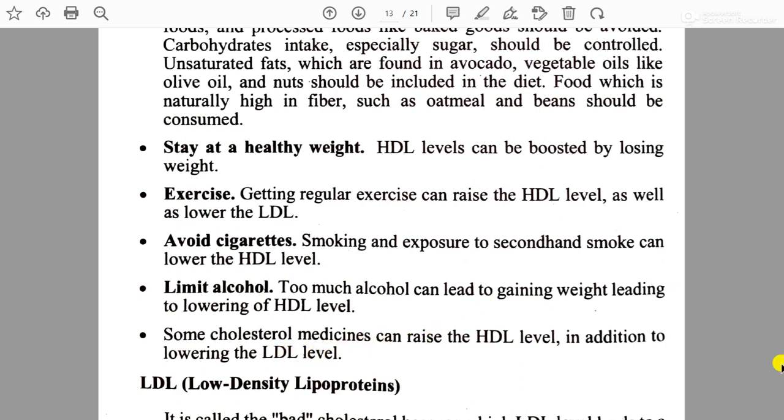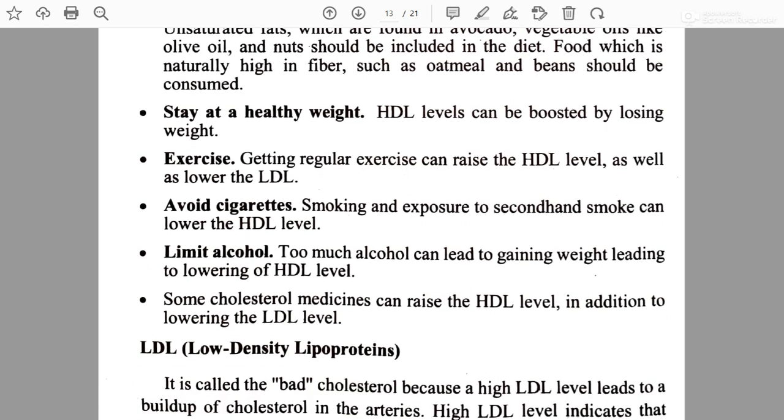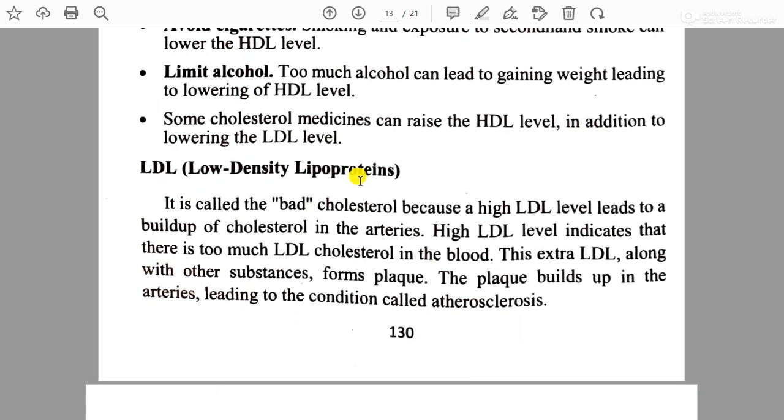Now let us see more about LDL. LDL means low density lipoproteins. It is also called bad cholesterol because a high LDL level leads to buildup of cholesterol in the arteries.